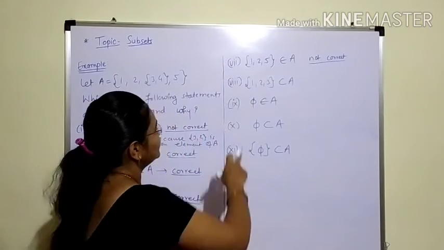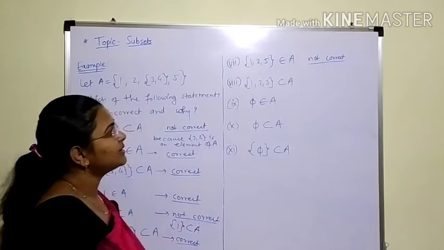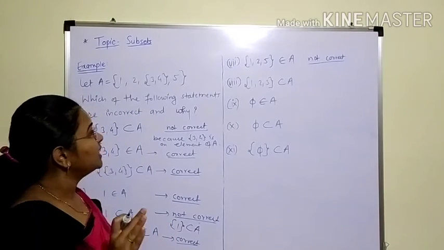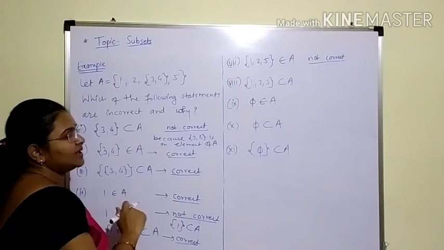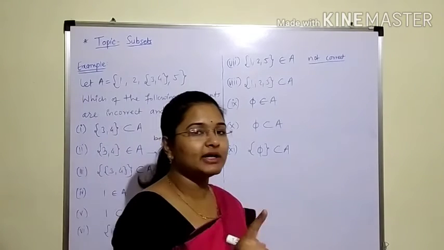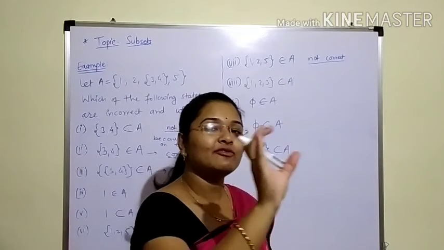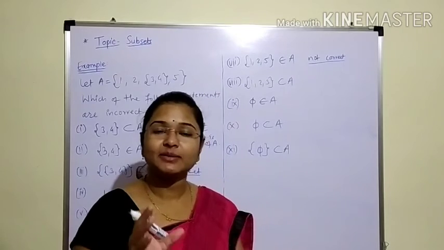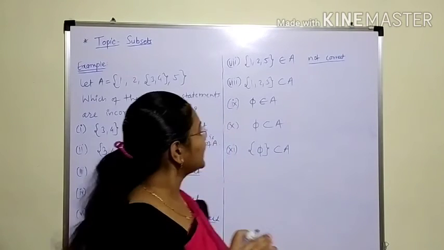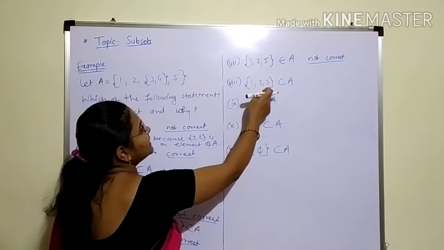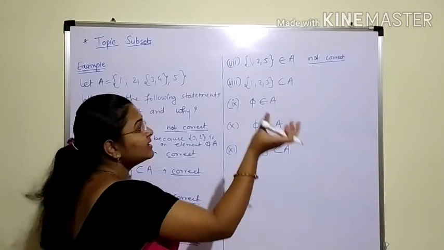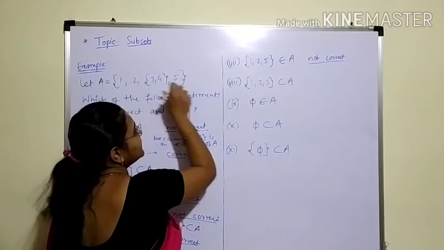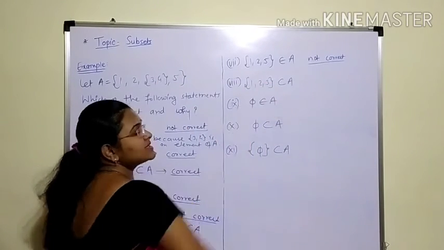Okay. 8th question, the set having elements 1, 2, 3 is a subset of A. Students, in set A, only 1, 2, 5 elements are there, and one more set is there having elements 3 and 4. So how can we take a set having element 3 from this set and call it a subset of A?